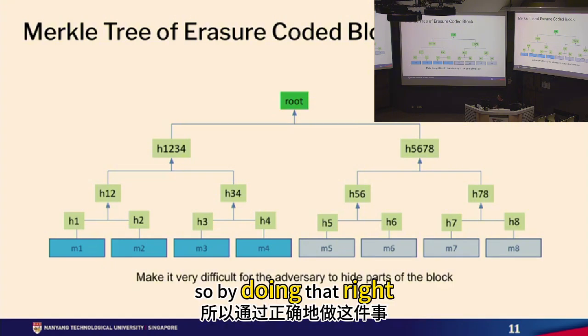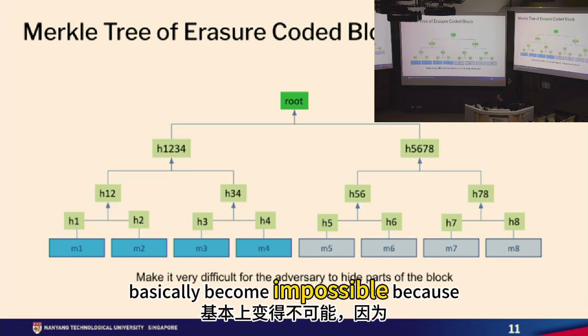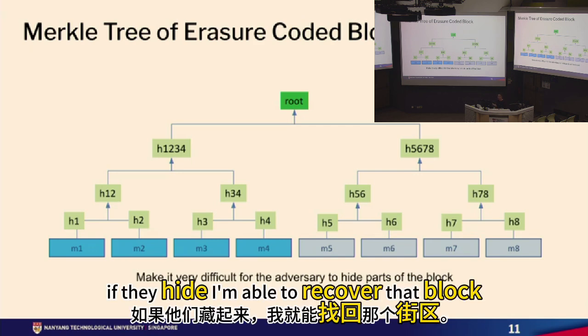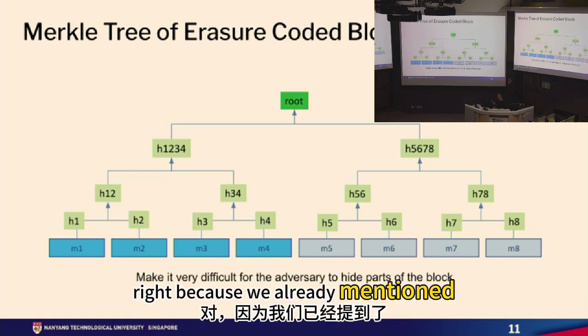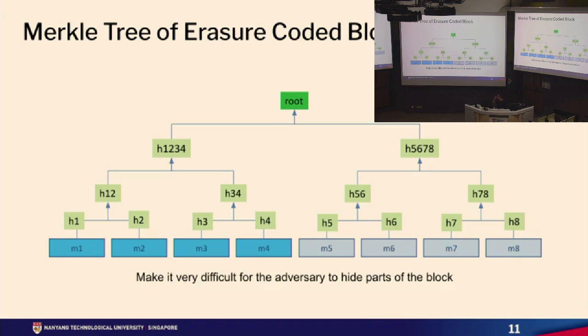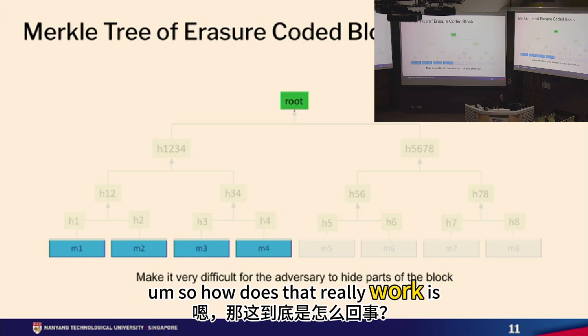By doing that, the adversary attack basically becomes impossible because they can't hide any of the block. If they hide it, I'm able to recover that block, because we already mentioned the RS code is able to recover that. So how does that really work?